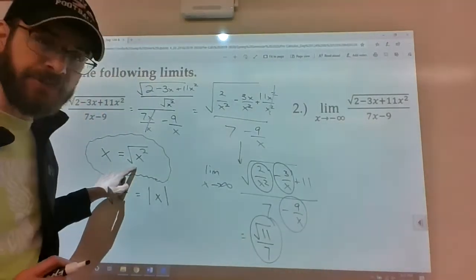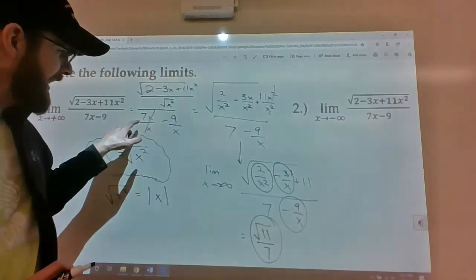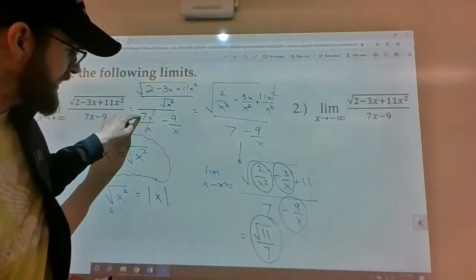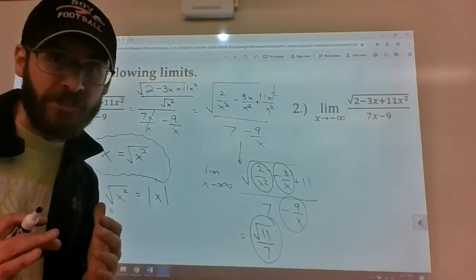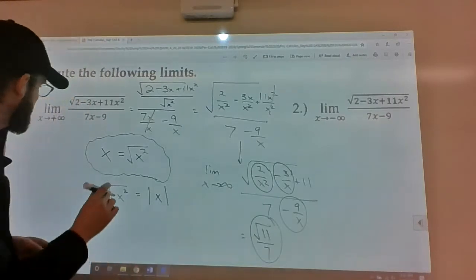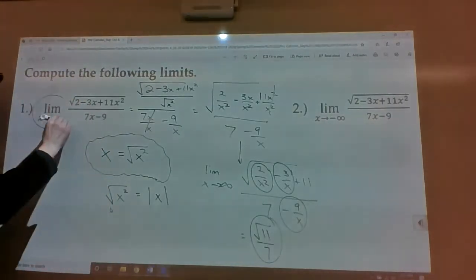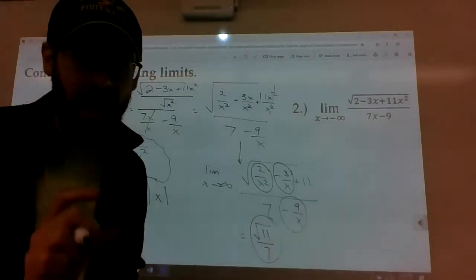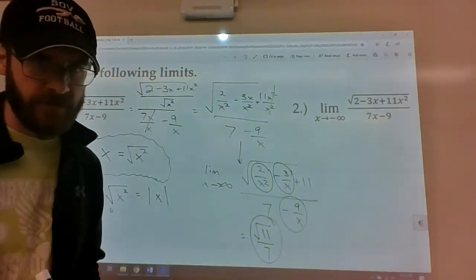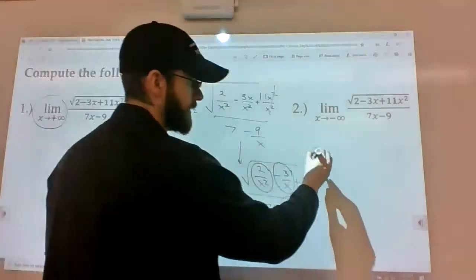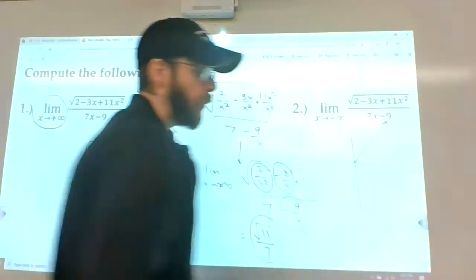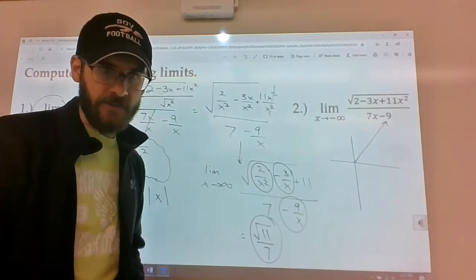which is still root x squared, but it's kind of like, how do I take 7 minus 9 over x? Or how do I take 7x minus 9 divided by the absolute value of x? And here's technically what we assumed. If you're approaching positive infinity, you're technically talking about the line y equals x.